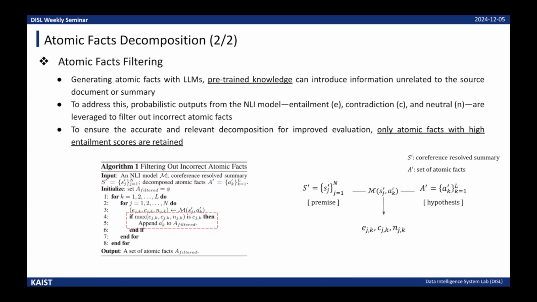The NLI-based approach provides probability values for entailment, contradiction, and neutral relationships. They set the summary S' as the premise and A' as the hypothesis. Based on the NLI evaluation, they keep the atomic fact only if the relationship between the two sentences is classified as entailment, otherwise they remove it.